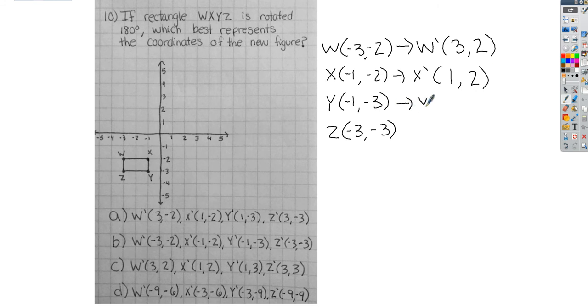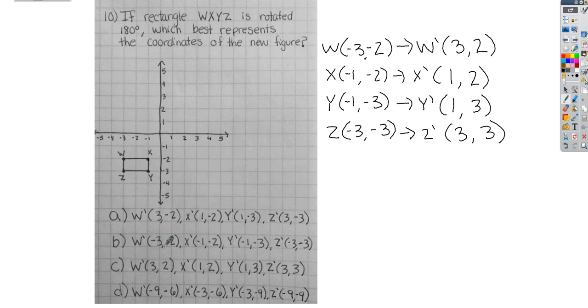Over to Y prime. -1, the opposite is +1. -3, the opposite is +3. And Z prime. So we have -3, the opposite of a negative is a +3, again, +3. Now all you need to do is plot these points on your coordinate grid and you'll get your answer.